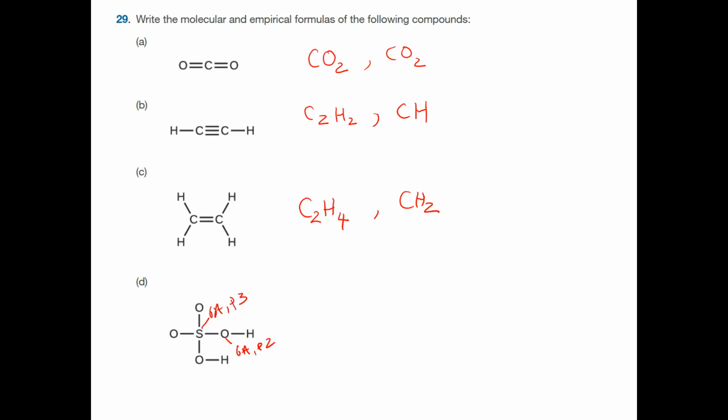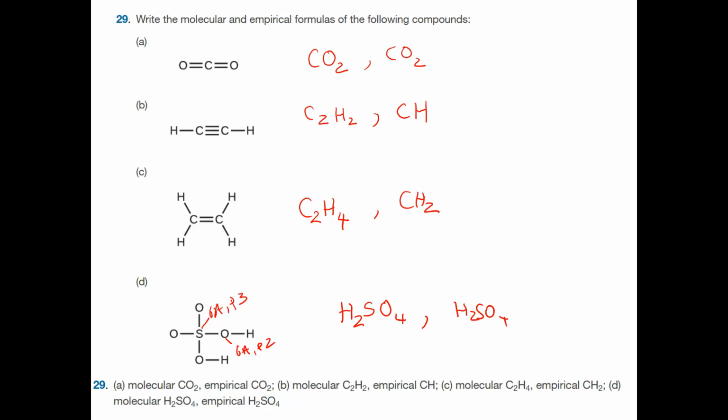Hydrogen always comes before elements that are in group 6A or 7A, so our hydrogen is going to come first. So this is going to be H2SO4 for the molecular formula, and there's no common factor there, so that will also be the empirical formula. And it looks like we got all of those correct according to the answer key.